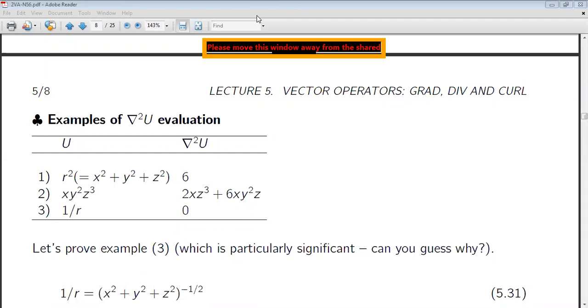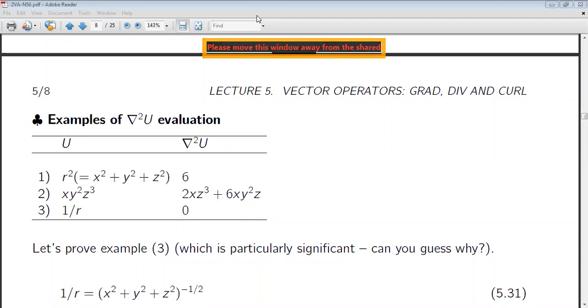X y square z cube, no? So Nabla square u is what? Nabla square u equals del square u by del x square plus del square u by del y square plus del square u by del z square. So del square u by del x square, what value did you get? 0 I think.